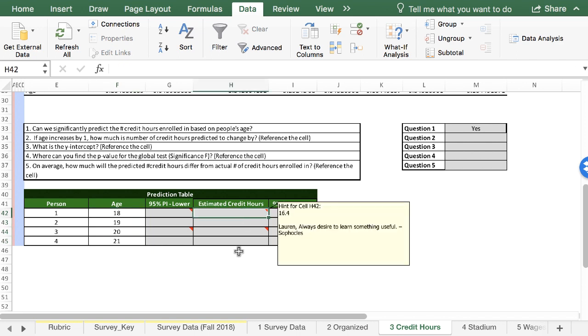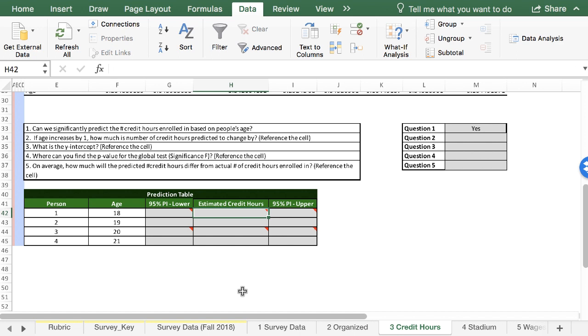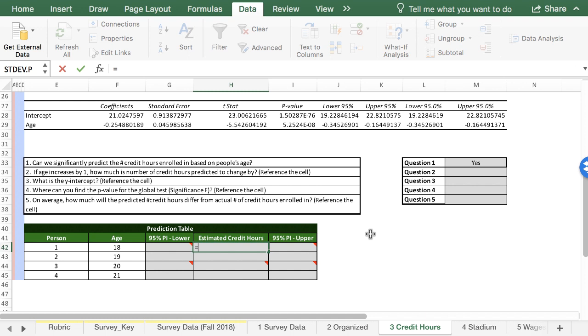We always start in the middle of the prediction table, and to get the estimated credit hours, we're going to use the regression equation, and that's always the same thing. Okay, so to get the estimated credit hours, or the estimated amount, we are going to take the intercept, so select that, the coefficient intercept, and we are going to add to that the age times the age coefficient, because that's what we're using to predict, excuse me.